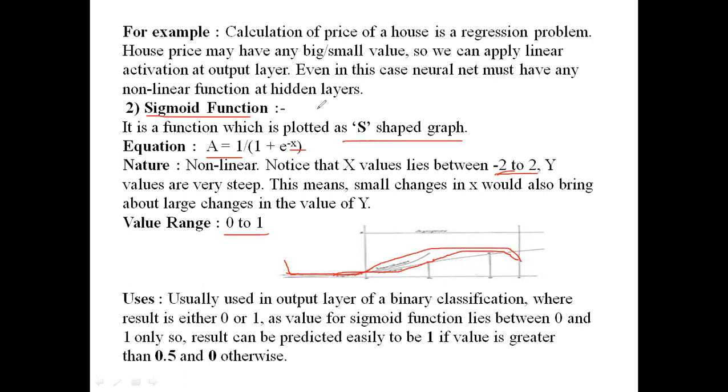The sigmoid function is sometimes called binary, which means it gives either 0 output or 1 output. A binary state has only two values, isn't it? One is 0 and the second one is 1. In the same manner, the sigmoid function also gives only two kinds of outputs: 0 and 1.